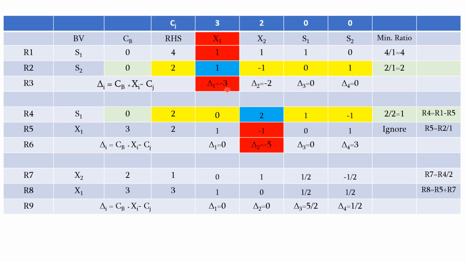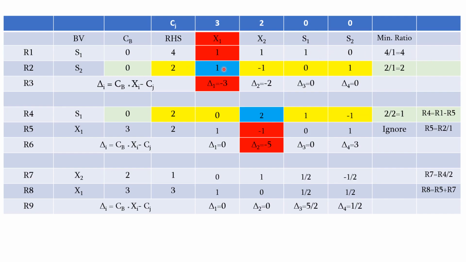Okay, so now delta 1 is equal to minus 3, which is the minimum. Whatever I have written in the red color here is called the pivotal column. Next you have to find the pivotal row. How to do that? Look at the RHS here: 4 divided by the corresponding element in the pivotal column, that is 1, so 4 divided by 1 is equal to 4.